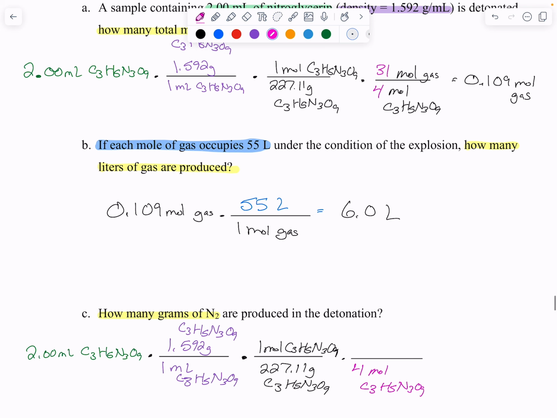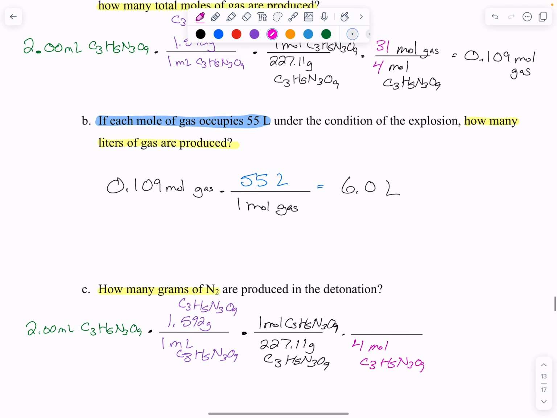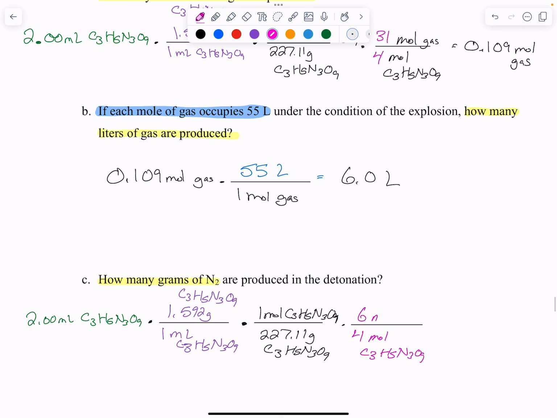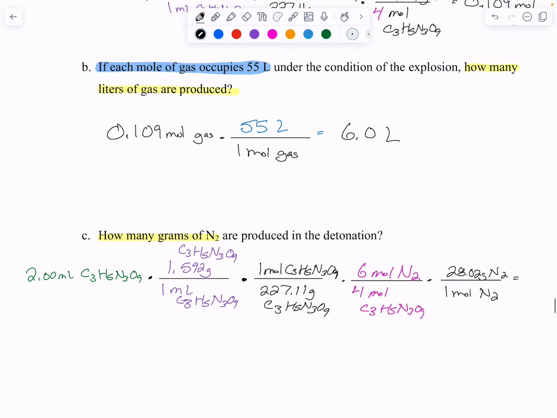And if we look for N2, N2 is a coefficient of 6. But that's not what it asked, is it? It asked for one more step. 1 mole of N2 is 28.02 grams of N2. All right, so if I do that math, I get 0.589.